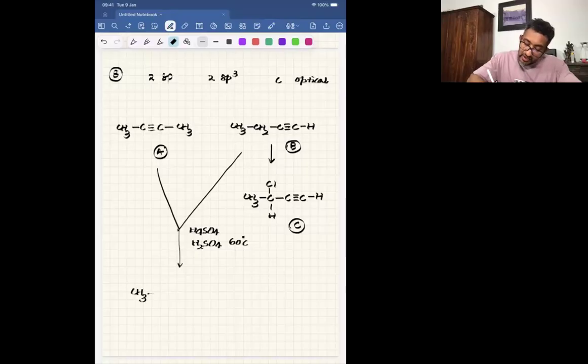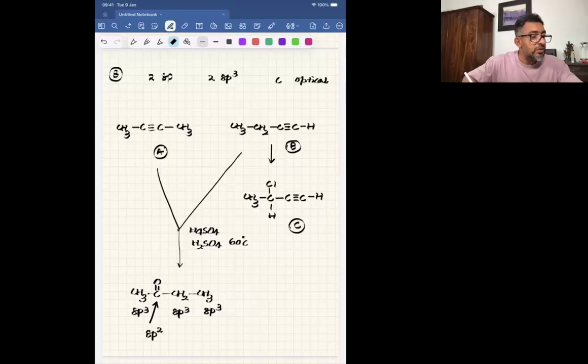CH3, C double bond O, CH2, CH3. D contains 3 sp3 hybridized carbons: this is sp3, this is also sp3, this is also sp3, and 1 sp2 hybridized carbon atom. This is sp2, and 1 oxygen atom. This is the oxygen. Draw the structures of A, B, C, D, E.